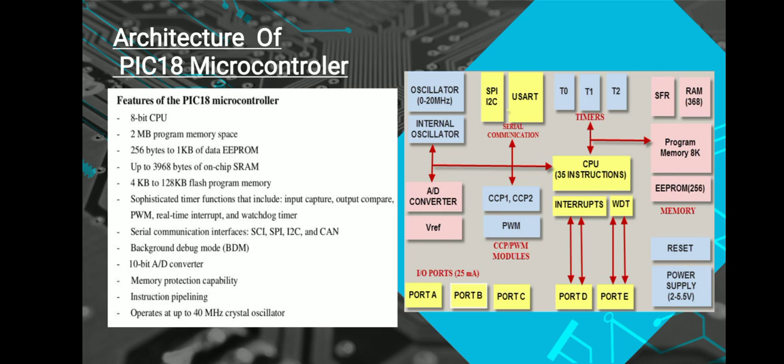It has some features like an 8-bit CPU, it operates up to a 40 MHz crystal oscillator, its instruction set contains pipelining architecture, and it has a memory protection capability.